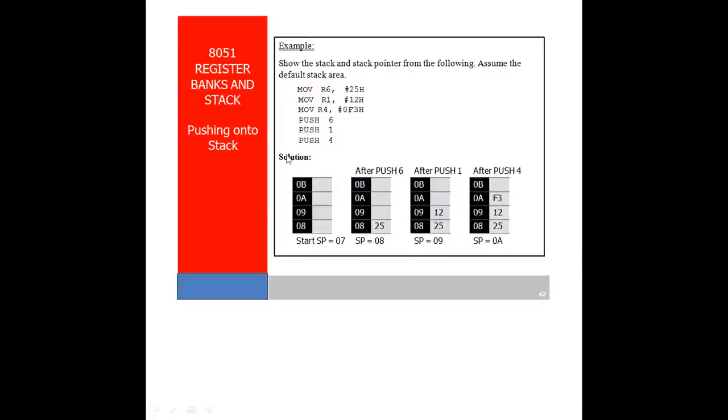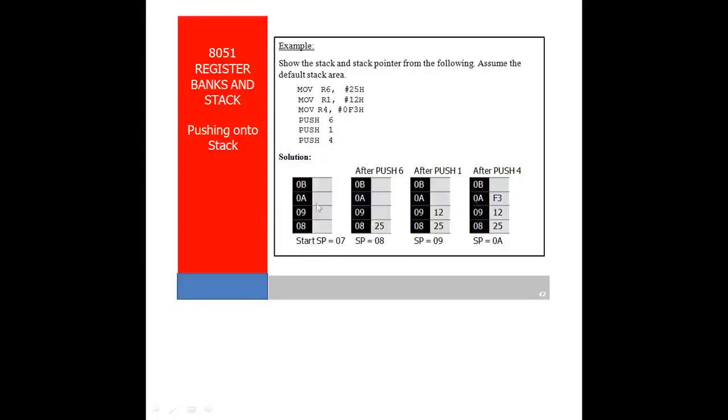Then the next push instruction is executed, and the value stored in R4 will be loaded inside memory location 0A. So F3 will be loaded in 0A because the stack pointer is incremented by 1 after execution of push 4. So now the stack pointer is indicating the last memory location, which is 0A.